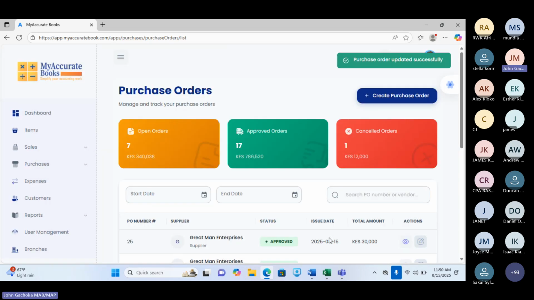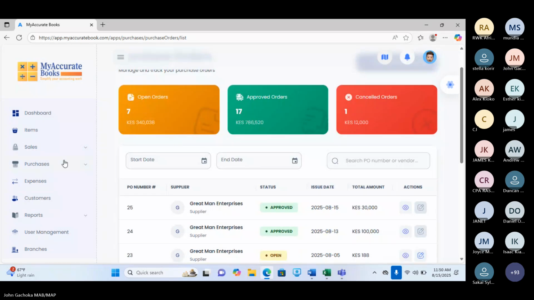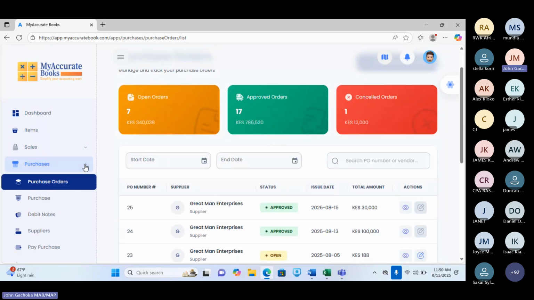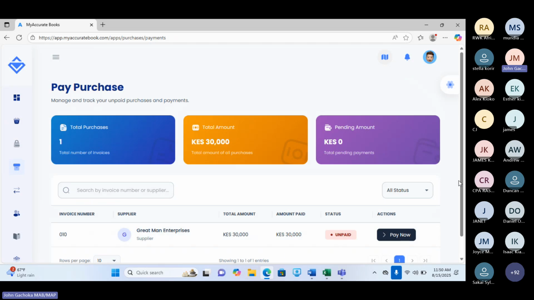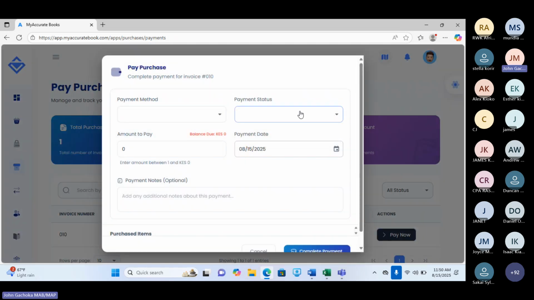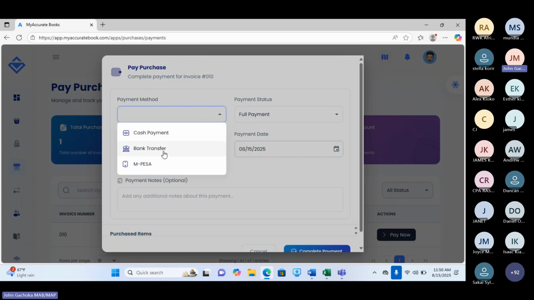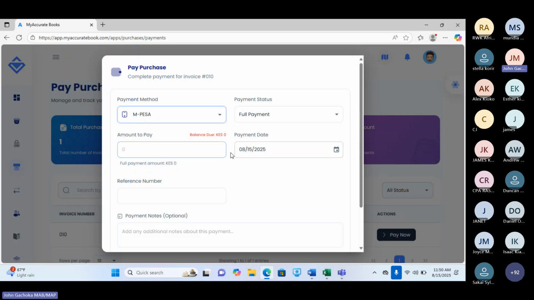So when it is approved, it means that it graduates to payment. You say with the purchase, you want to pay for that supply because it has been approved and delivered. So you say pay now. Payment status, is it full? You want to pay through a bank transfer or M-Pesa?